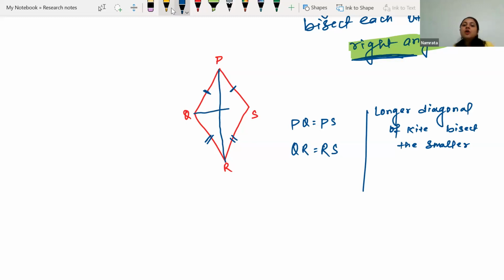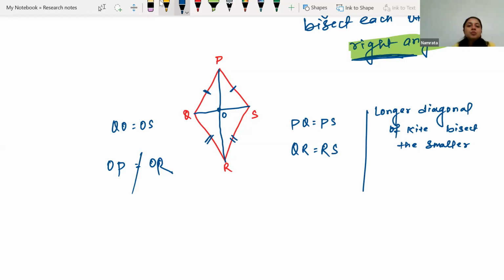Here, the longer diagonal is cutting the smaller diagonal only in equal parts. That means only the smaller diagonal is getting cut in two equal parts. Here you can see QS is the smaller diagonal, so QO is equal to OS. But the other one, OP and OR, is it equal in a kite? No. The longer diagonal is not getting bisected. Only the smaller diagonal is getting bisected in a kite.